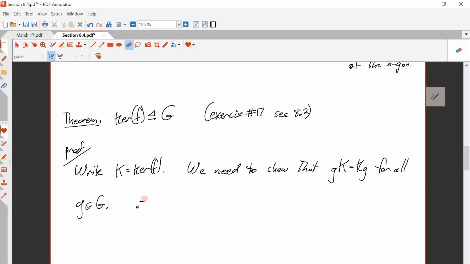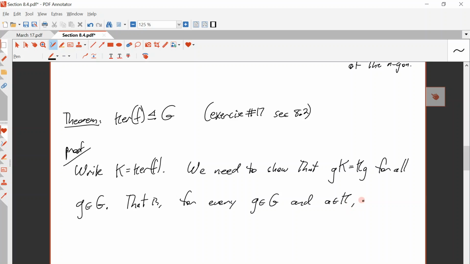The one way that I like to do it is: for every g in G and a in K, there is b in K such that ga, an element of the left coset, is equal to bg, an element of the right coset.